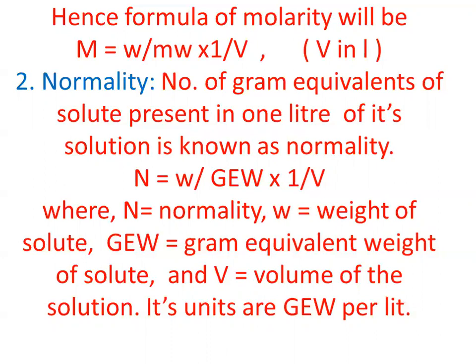So the number of charges on the ion is what we have to take, and the molecular weight should be divided by that number to get the gram equivalent weight.